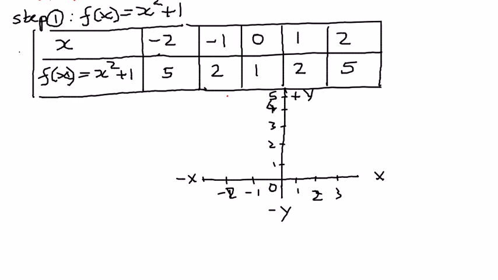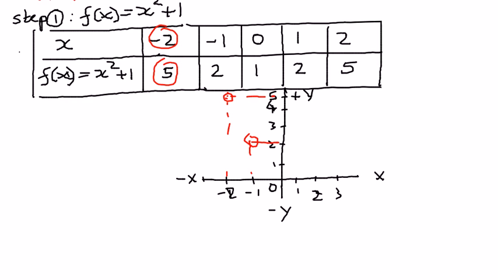So therefore, this is the point we're looking at. When x equals negative 1, we got this one plotted here. When the value of x equals negative 1, the value of the function f of x is going to be equal to 2. So therefore, this is the point we're looking at.